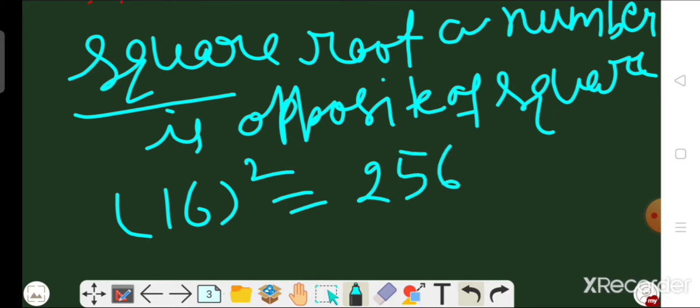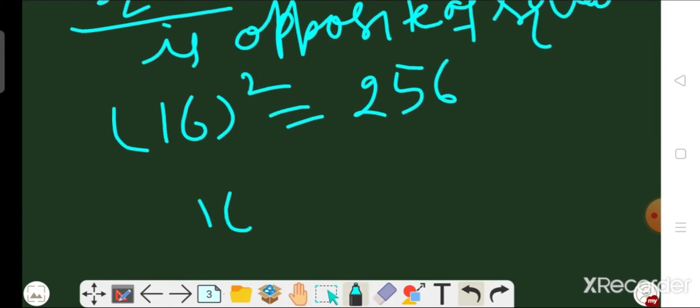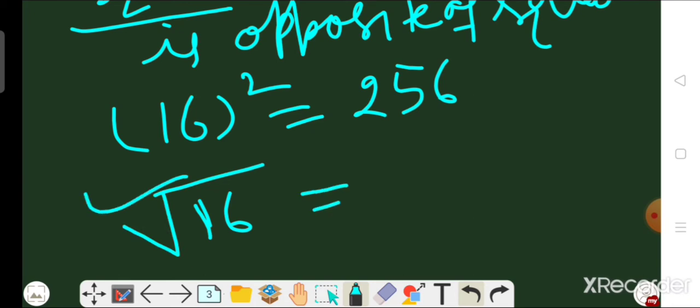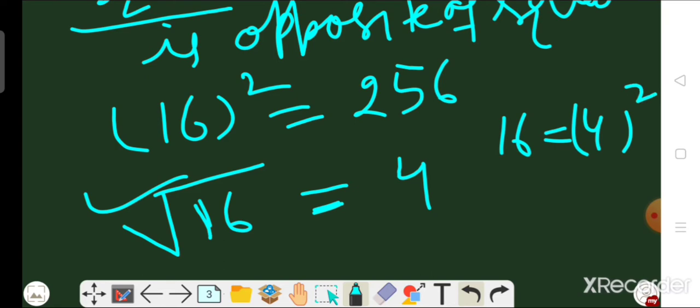But if we have to find the square root of a number like 16, then we have to use the radical sign, that is this, and this is the symbol of square root. So the square root of 16 is equal to 4 because 16 is equal to 4 squared. So the opposite of square root will cancel the exponent 2 and the result is equal to 4.